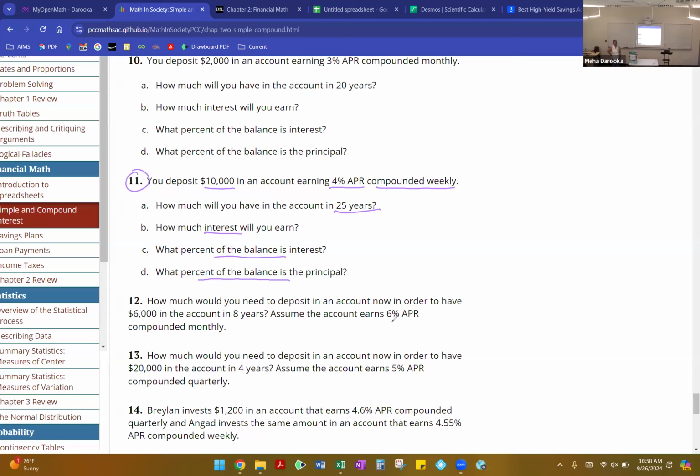Give your neighbor a device? Sure, why not? And just to let you know, the Learning Commons will rent out laptops if you need one. Well, I do have a calculator here as well, if anybody needs to borrow one.